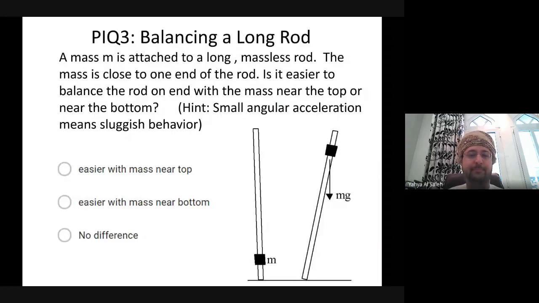All right. Let's try another one. This one is a bit more difficult. A mass m is attached to a long massless rod. The mass is close to one end of the rod, so we don't consider the mass of the rod. Is it easier to balance the rod on end with the mass near the top or near the bottom?